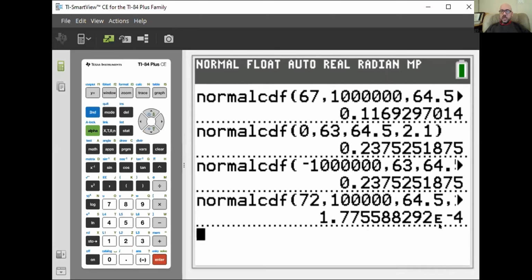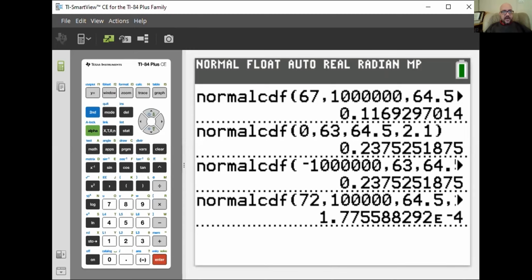This is scientific notation, and one of the most common mistakes that my students make is reading about 3 numbers in and then literally not even looking over here. That's not a good idea, because this is telling me this is not 1.77. This is 1.77 times 10 to the -4th, which means take this decimal place and move it 4 to the left.